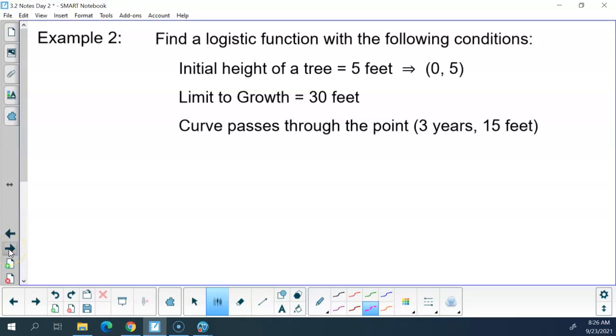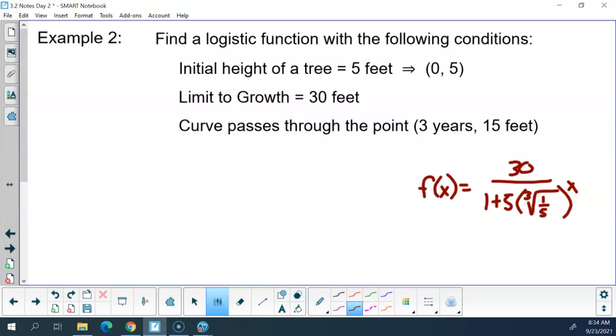It comes back to us. You try one on your own. All right, so you should have gotten f of x equals 30 over 1 plus 5 times the third root of 1/5 to the x power.